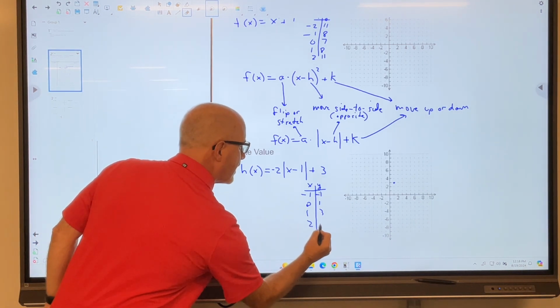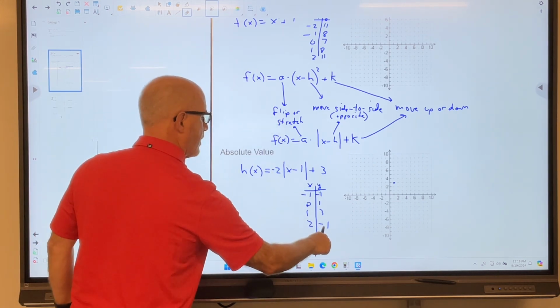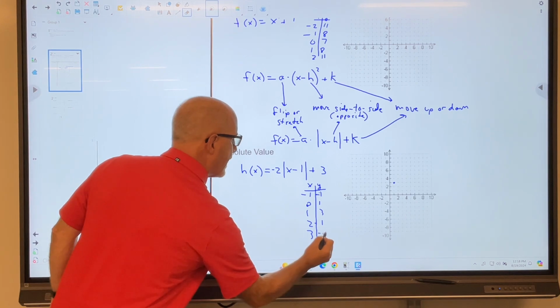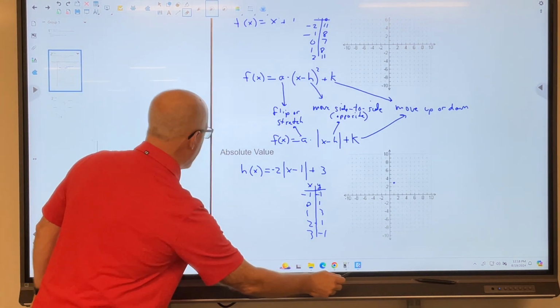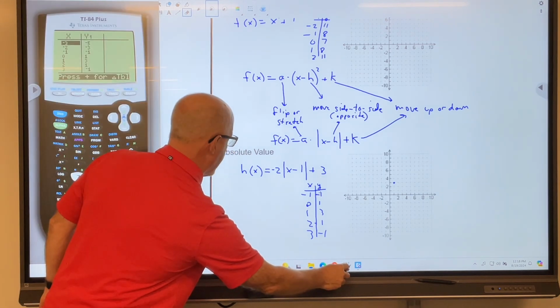Like at 2, I get a 1, and then at 3, I'll get a -1, because it has that repeating pattern on both sides, where it moved side to side and up and down.